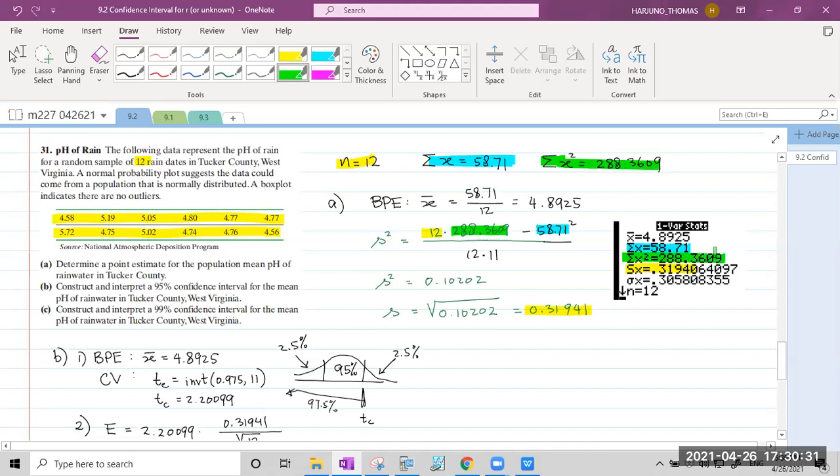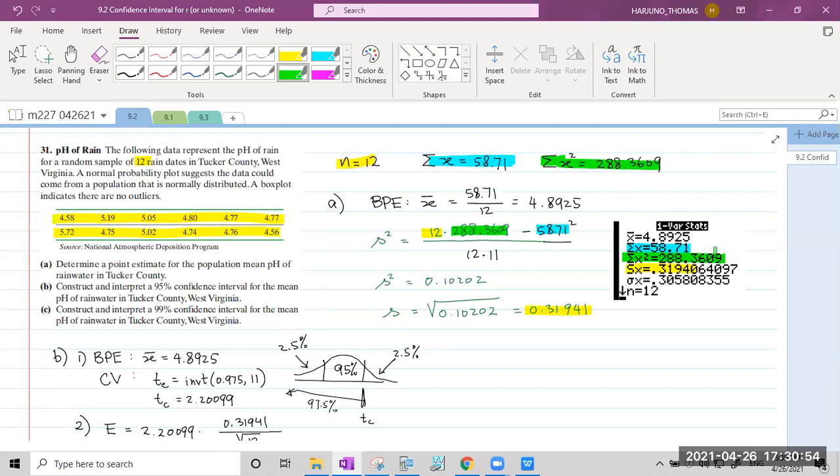You see that? So what we do here is valuable to find not only the sum of x and sum of x squared, but also to help us confirm if our computation for x bar and sample standard deviation is correct.